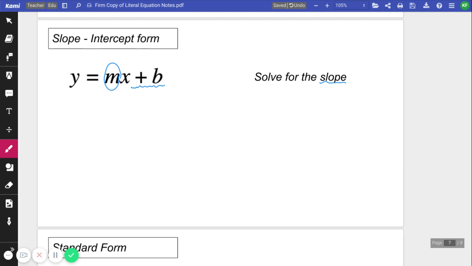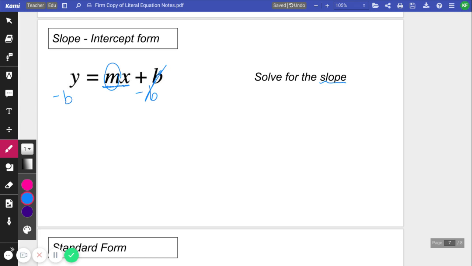Since mx is grouped together right here because of multiplication, I can't really do anything with those. I can't separate those yet until they're the only thing on their side. So first I need to subtract b from both sides. Now, I don't know about you guys, but I have no clue how you would take a letter away from a letter. It's not like numbers.